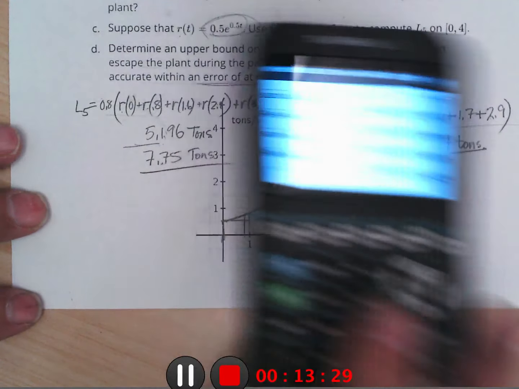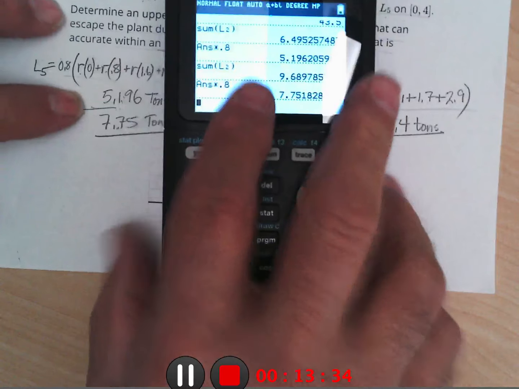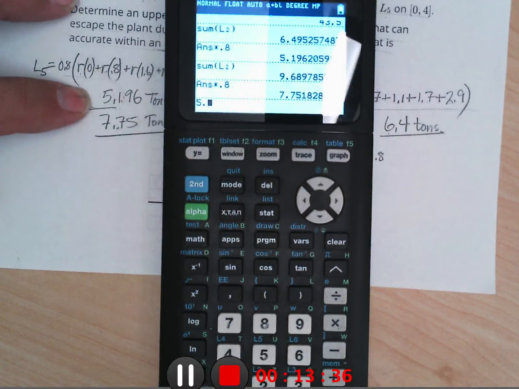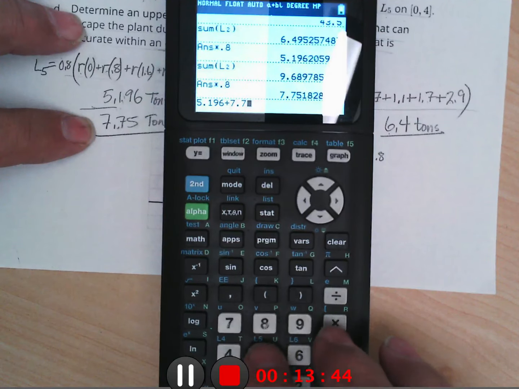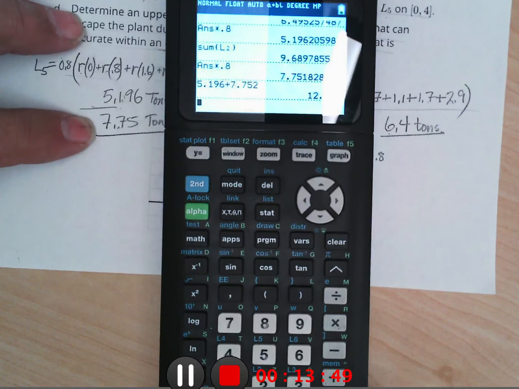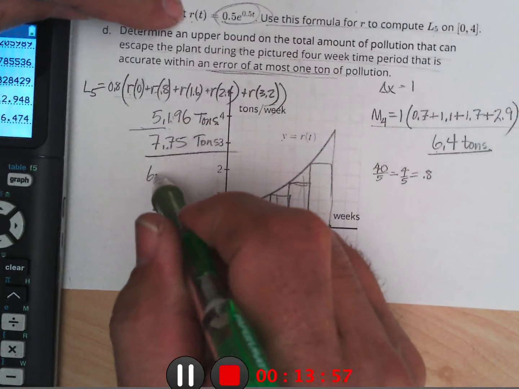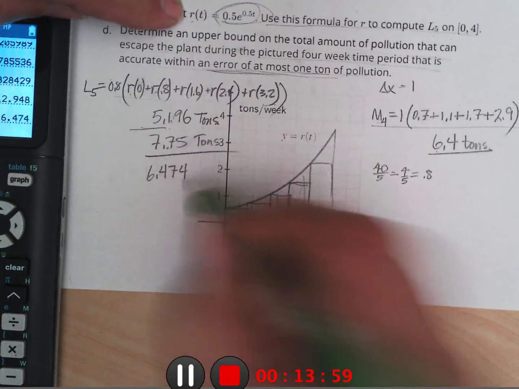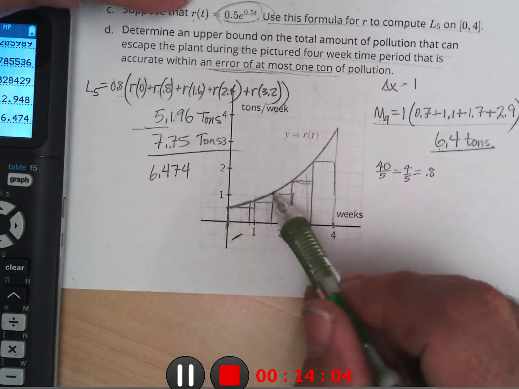And so if I find the average of these two, 5.196 plus 7.752, looking back here, divided by 2, I get an average of 6.474. Which would be a trapezoidal method. And you can see that that would be really close to the equation.